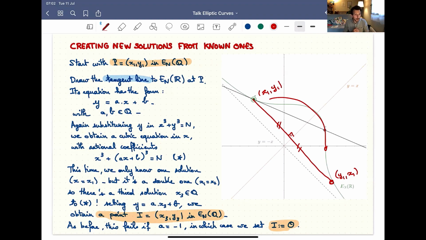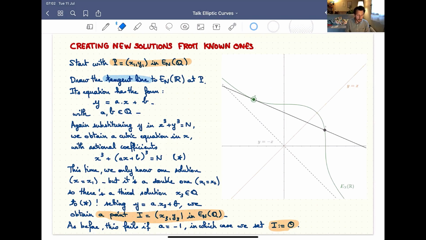So the process that you're suggesting here, which is taking P and exchanging coordinates, is not creating a new solution, because you start from P, you go here, and then if you apply the process again, you end up where you started. So you get only 2 points, and you cycle if you repeat the process. So that's why we have to use this more difficult construction with the tangent line, which I explained here.